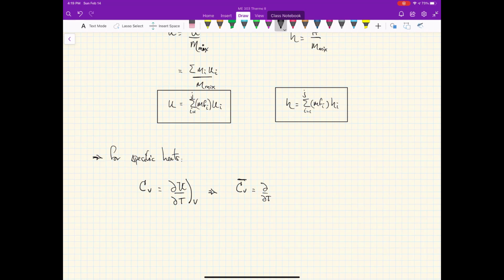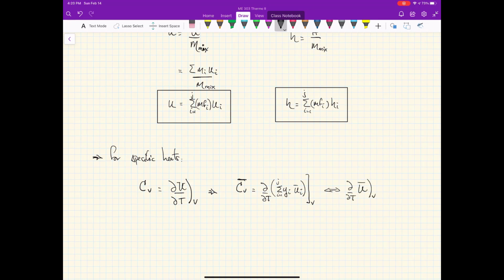Finally, dealing with the specific heats, recall the definition of specific heat at constant volume. It's the derivative of internal energy with respect to temperature, keeping the volume constant. And since we've just defined what that internal energy is, on a mass basis and on a molar basis, let's start with the molar basis.